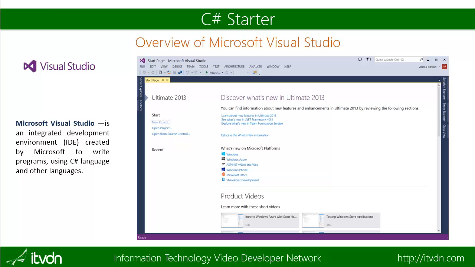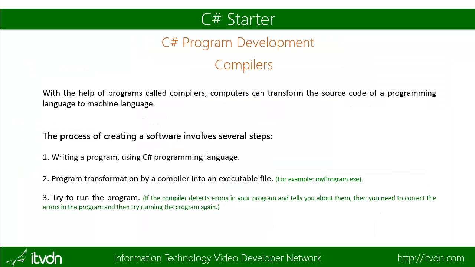In our next class, we will look at it in more detail. The last thing we learned in this lesson is all about compilers. These are programs that help the computer to transform source code into machine language.